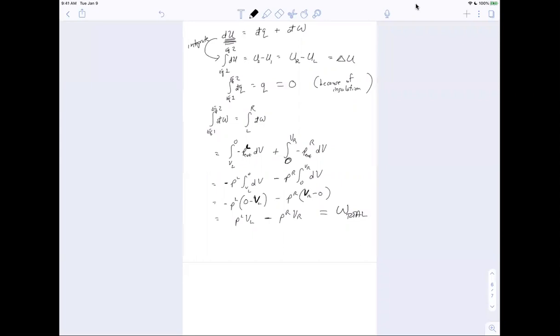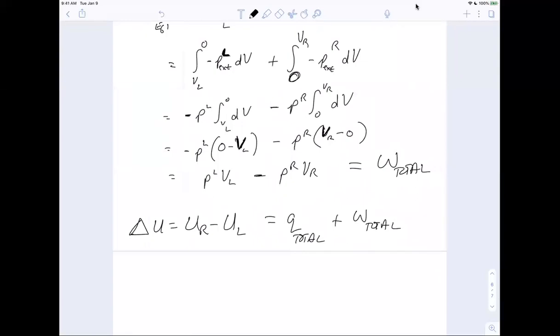So now we can go back to our first law in integrated form. So delta U, which is just U right minus U left, that's U2 minus U1, is equal to Q, which is 0, plus W. And I can write Q total here, plus W total.